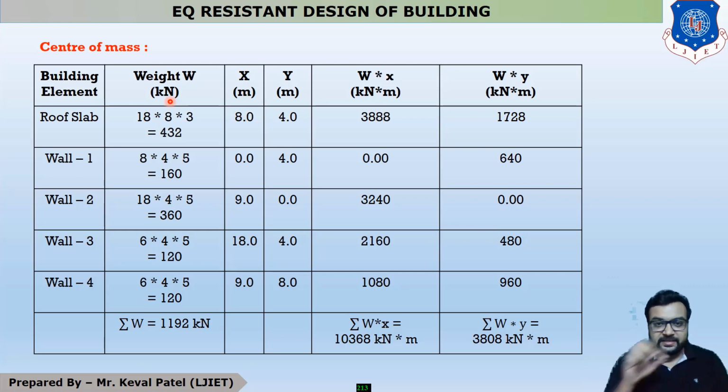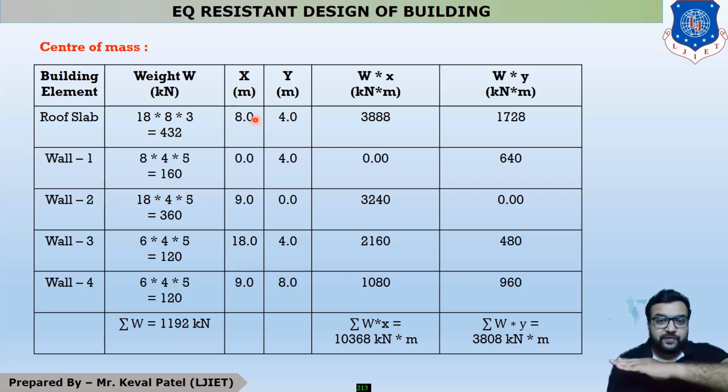So our area is 18 into 8, multiplied by 3. So 3 into 18 into 8 is equal to 432 kilonewton. Now, what is the center of the roof slab? Our length is 18 meters. There will be some typing mistake.